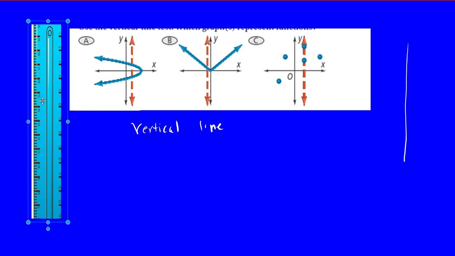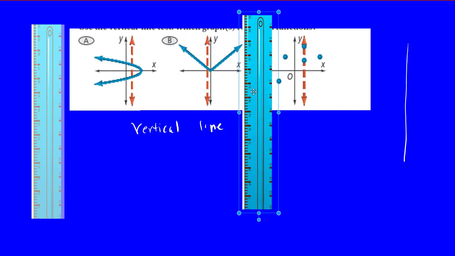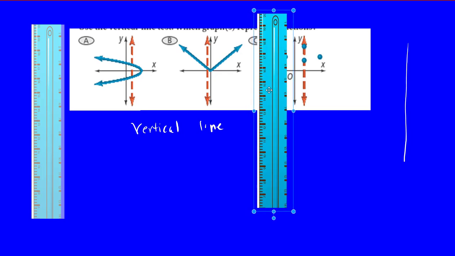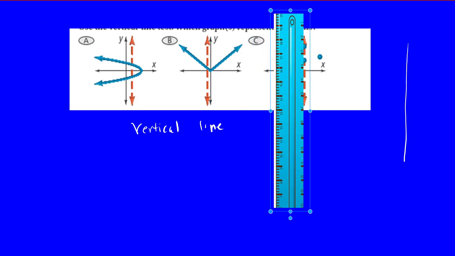Now, what about our last one? C. All right, so see how those points are there? All right, good so far. But lo and behold, we hit 2 points right here and right there. So graph C is not a function.